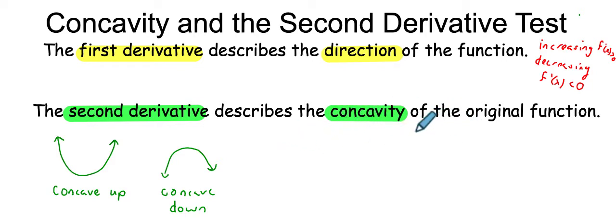To figure out concavity, we look at our second derivative. So if the second derivative is greater than 0, then our function is concave up for that interval.